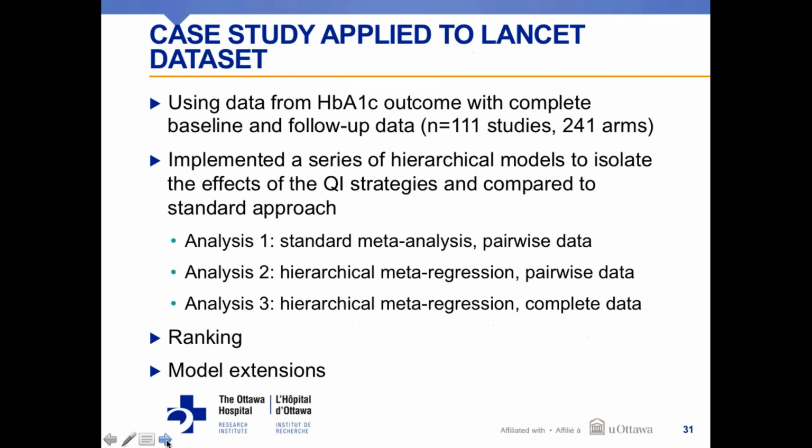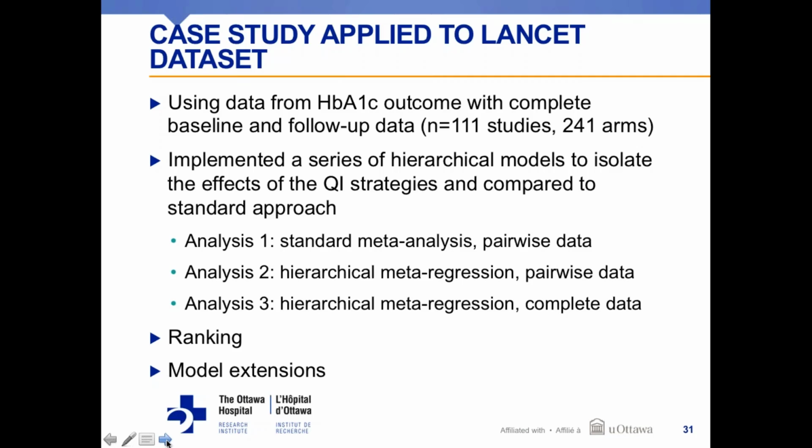So what I'll do now is walk through the case example of us applying this meta-regression model to the Lancet data. So specifically for the HbA1c outcome, where we used 111 studies and 241 arms. We implemented a series of the hierarchical models to isolate the effects of the QI strategies and compared this to using the standard approach.